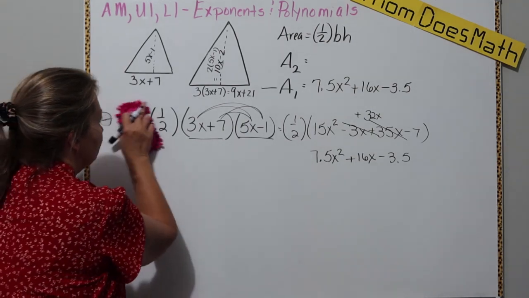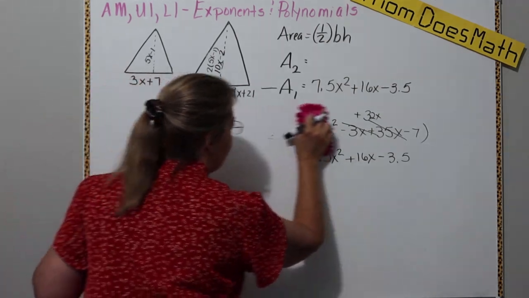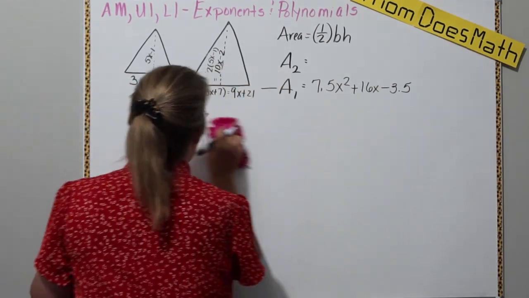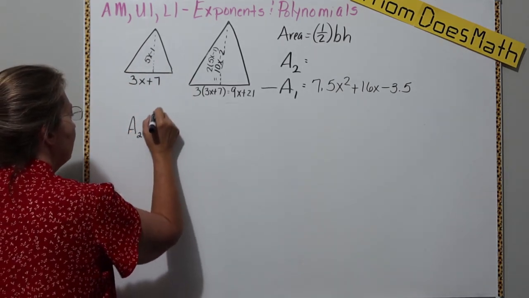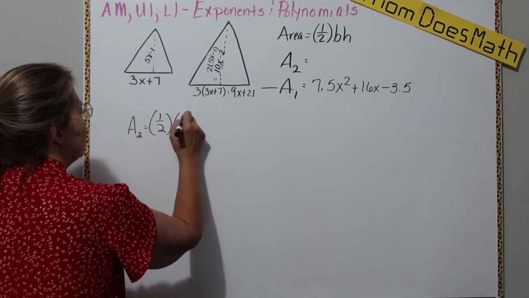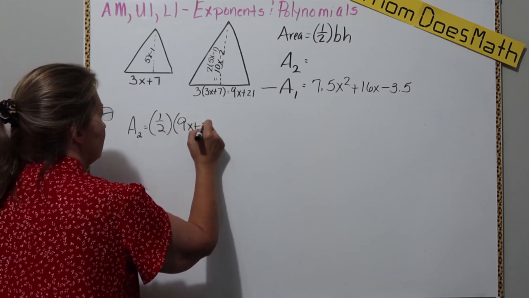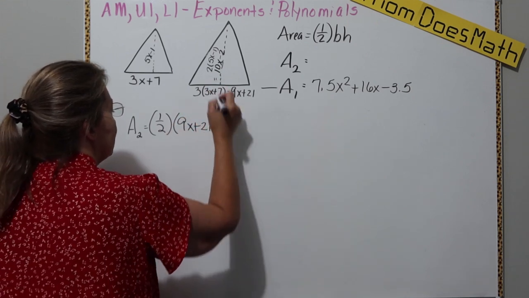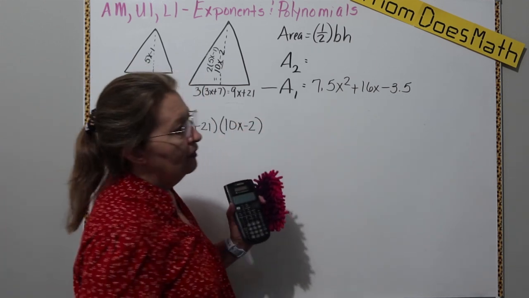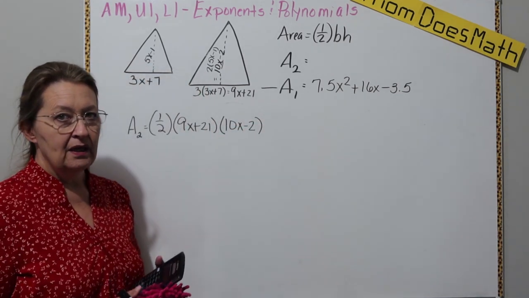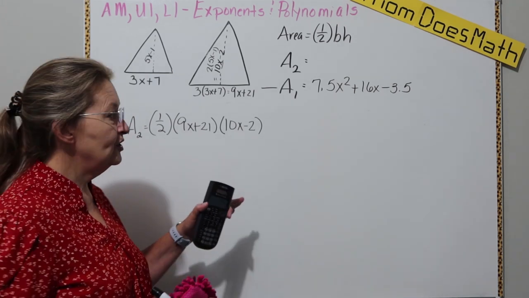All right. Now I'm going to erase this because I don't want to run out of room. Now the area of triangle number 2, same formula, 1/2 times the base, which is 9x plus 21, times the height, which is 10x minus 2. Now, thinking smart again, I'm always going to assess my situation.